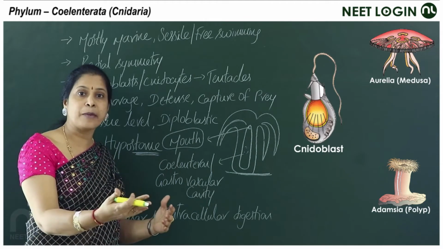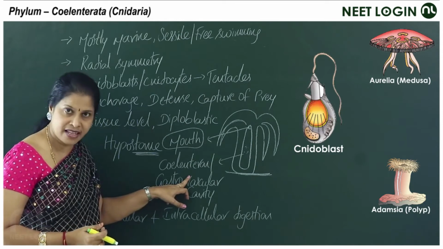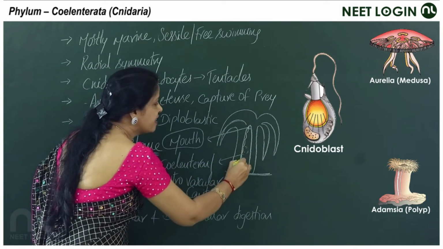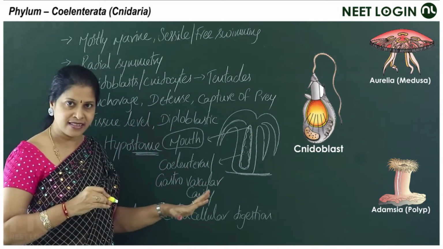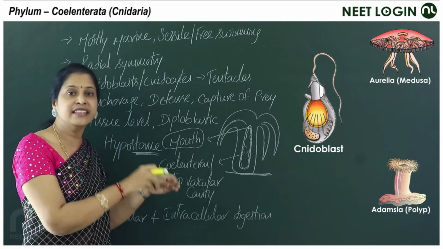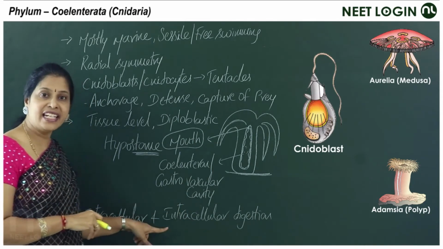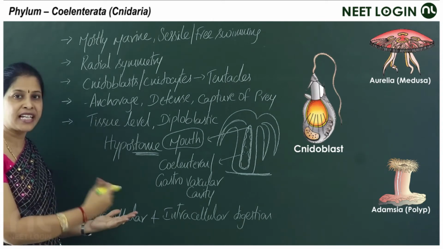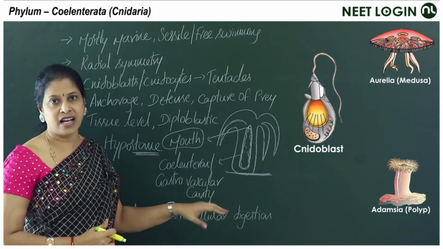The digestion is happening outside the cell. If it happens in the coelenteron, it is extracellular. And even the food is also digested in the cells lining the gut, I mean endodermal cells. If the food gets digested in the cells lining this cavity, it's called intracellular digestion. So both types of digestion happen here, extracellular and intracellular.